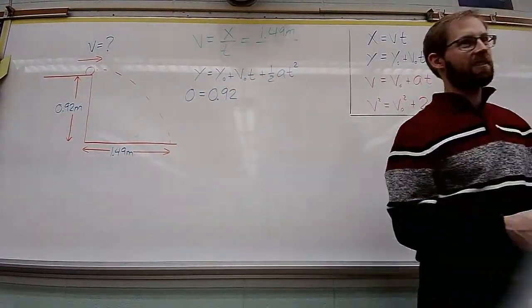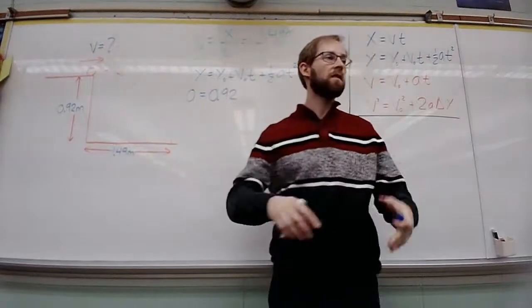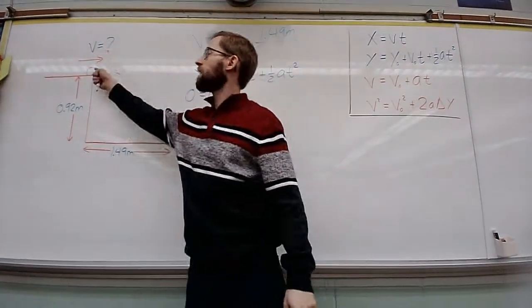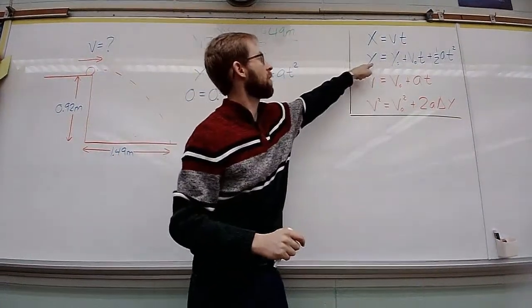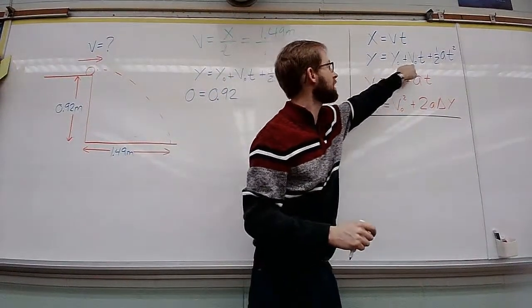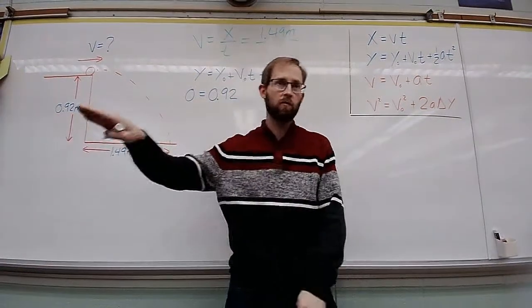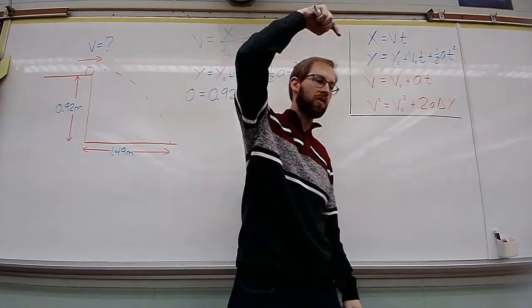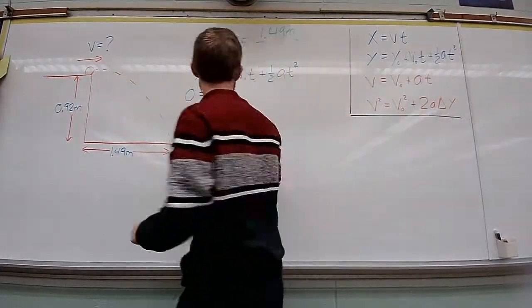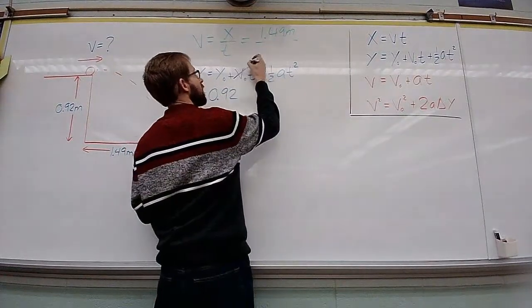Exactly. So even though it's rolling off the table with a velocity, that is a horizontal velocity. This is a vertical equation, so this means we're wondering what the original vertical velocity is. And if it's just moving horizontally, it's not originally going down or up, then that original vertical velocity is 0.